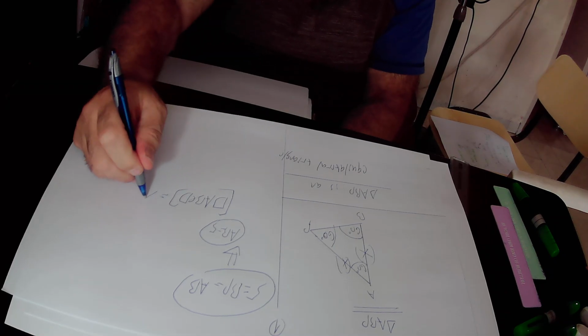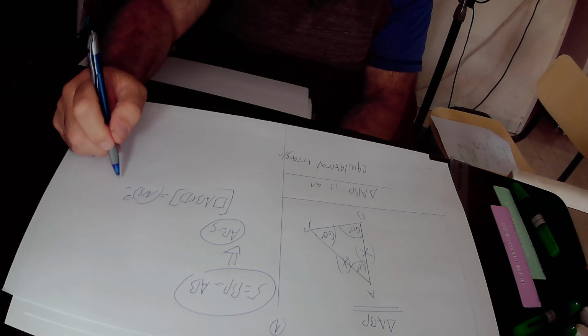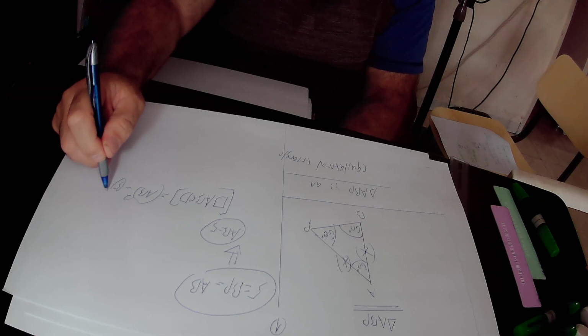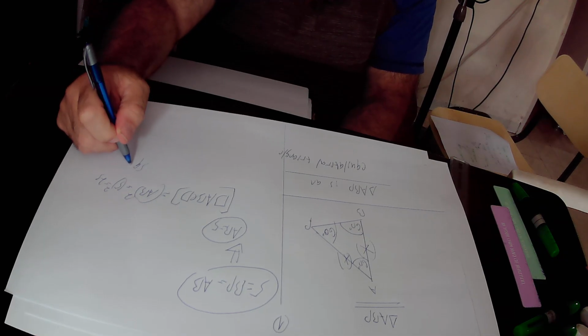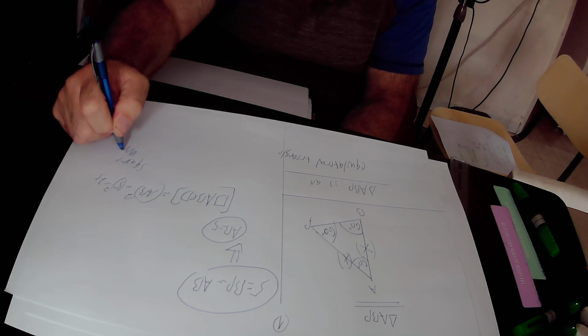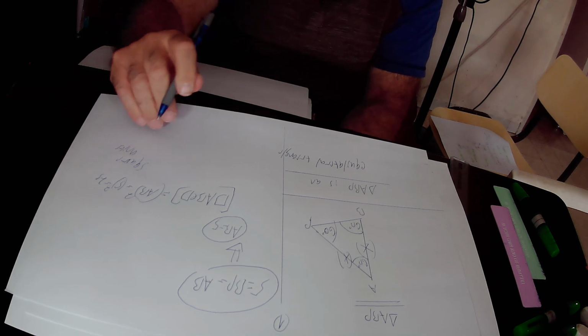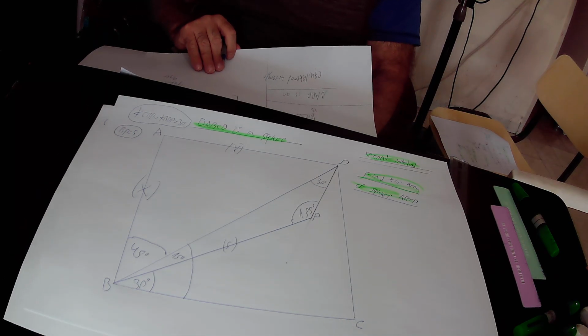AB is 5, therefore it is 5 squared, which is 25. So the area of square ABCD is equal to 25 square units, according to the second method. So we finish with the second method.